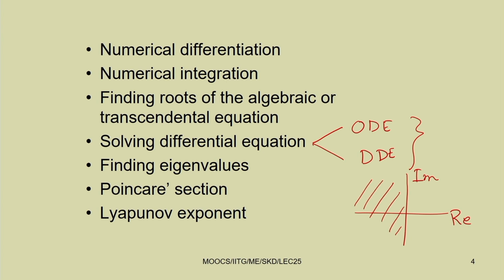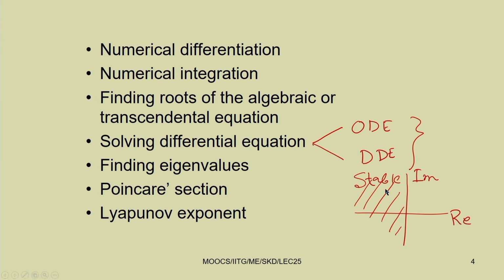If the real part of the eigenvalue is in the left hand side, it is stable, and if it is in the right hand side it is unstable, and we also know about marginally stable systems.